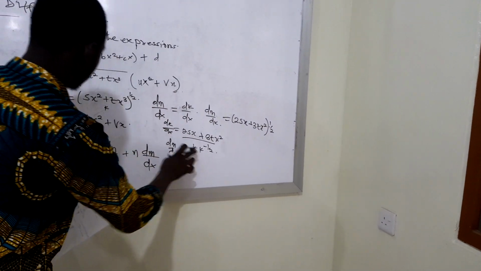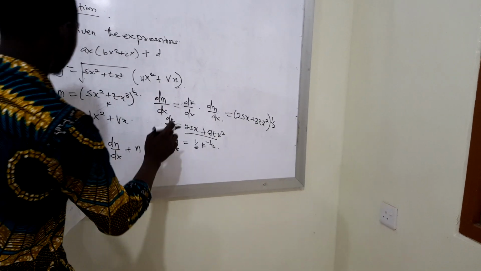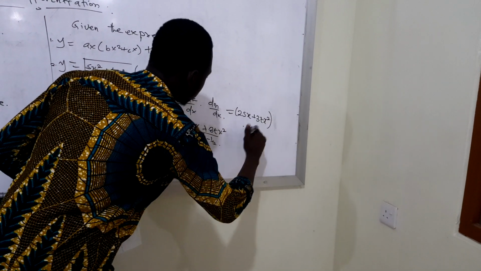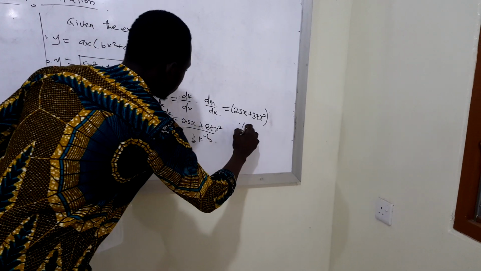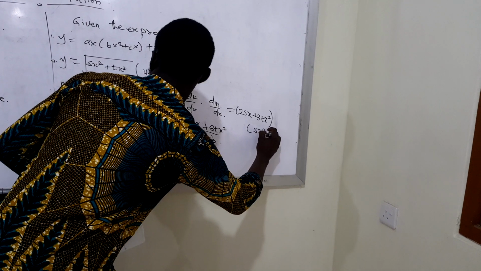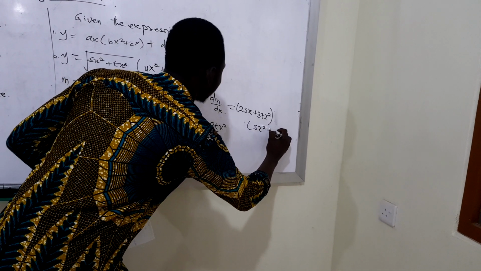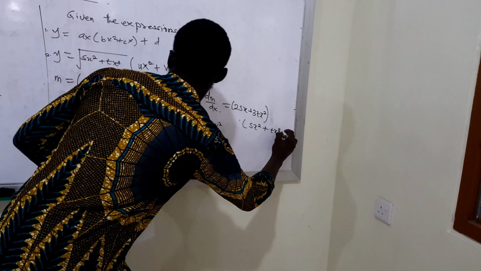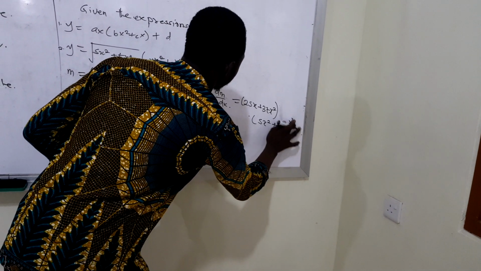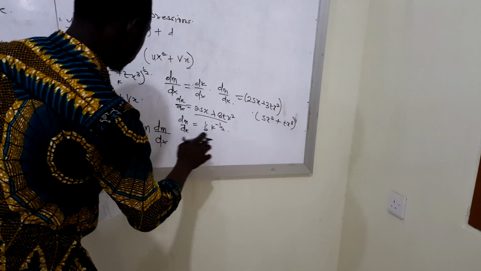And the k is what? K is the whole of this expression. So I'm just going to put it over here: sx squared plus tx cubed, all exponent 1 on, so this is my k.